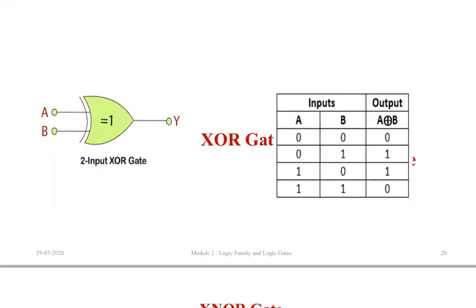So here you can see 0 0 output is 0, 1 1 output is 0. Only when it is 0 1 or 1 0, at that time my output is 1. When both the inputs are different, my output is 1. So that is my XOR function.